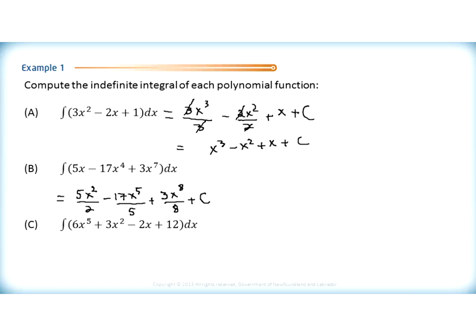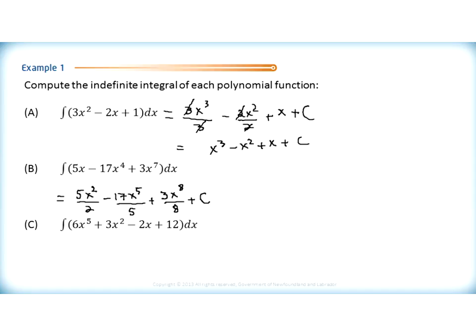And unfortunately, nothing is going to get any prettier there than it already is, so we have to deal with that. So we're going to have to leave fractions floating all over the place there. Okay, so for the next one, now let's see what we have. The antiderivative of 6x to the power 5 plus 3x squared minus 2x plus 12.